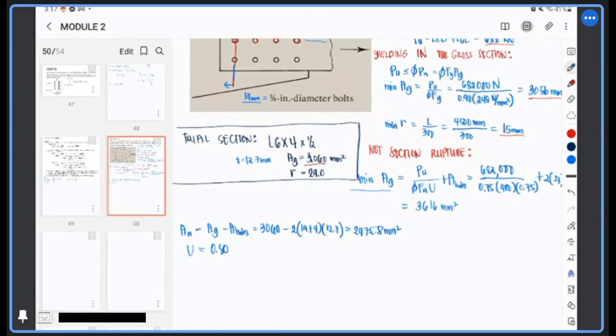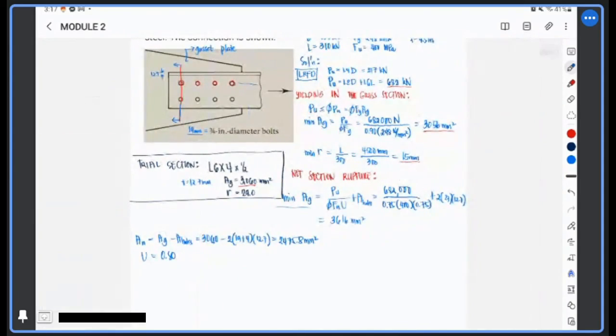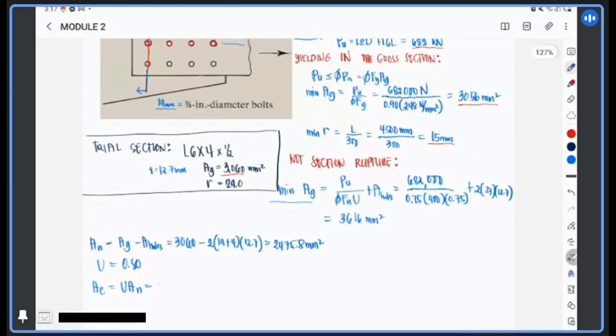And if U is 0.8, then our effective net area is equal to UAn, that's 0.8 of 2,475.